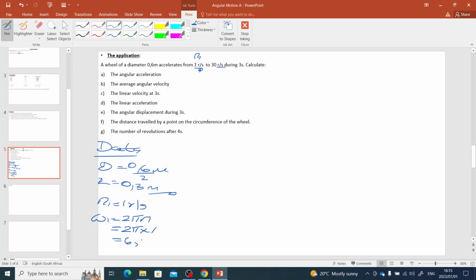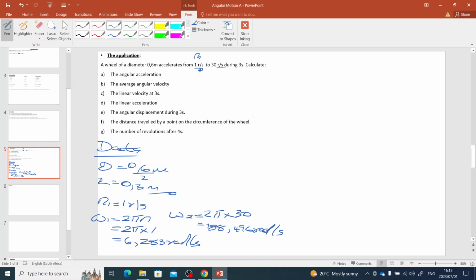Our answer is 6.283 rad per second. Then omega 2 would be 2 pi multiplied by 30. Then we get our answer as 188.496 rad per second.